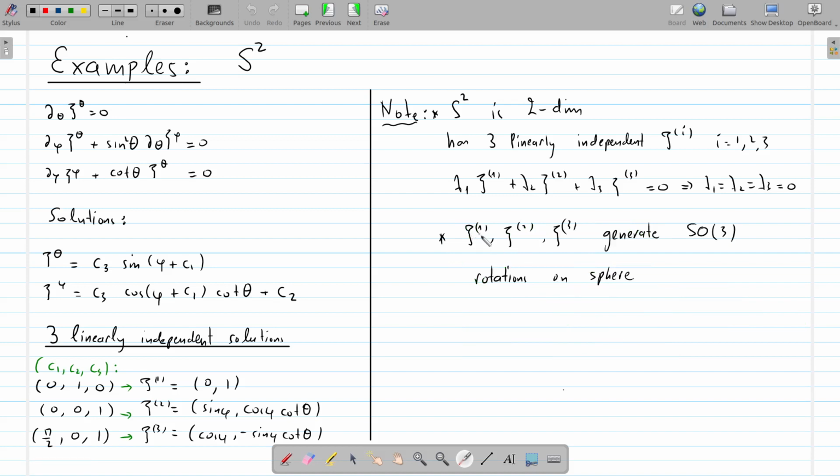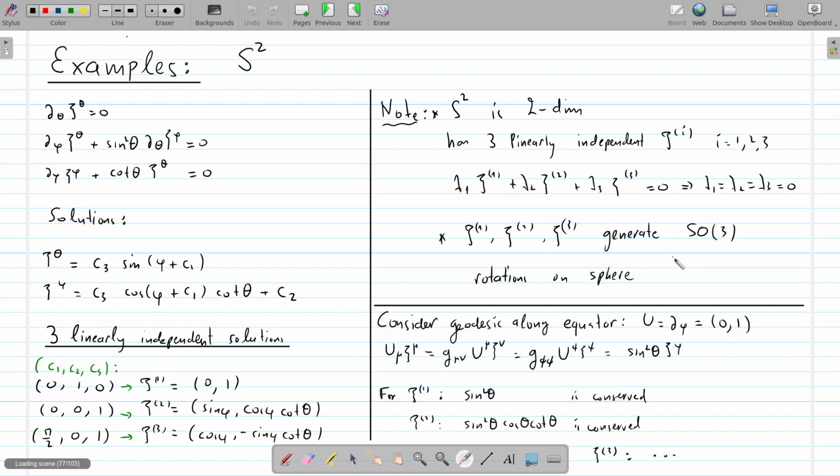As you can see, the 3 vector fields, Xi1, Xi2, and Xi3, generate rotations on the sphere, and this is nothing but the group SO3. Now, let's consider conserved quantities, and let's compute them along a very simple geodesic, the one which is the equator theta equal pi over 2.